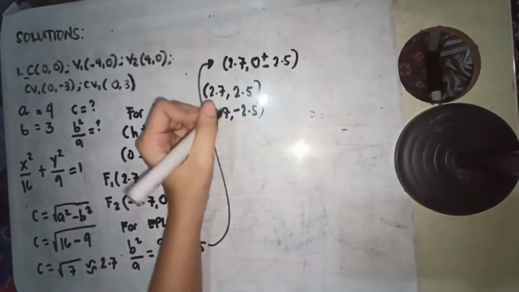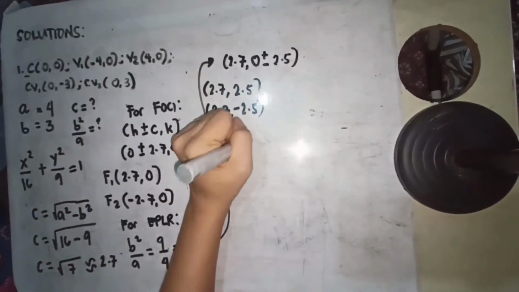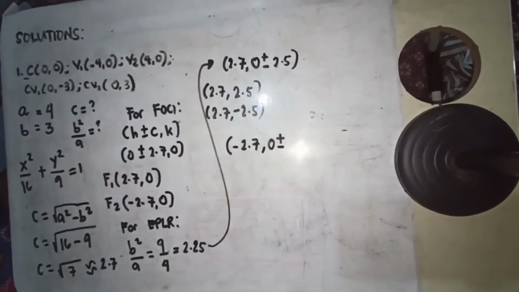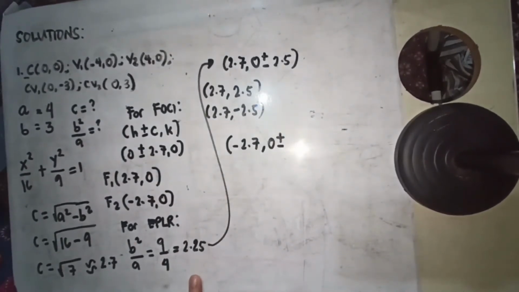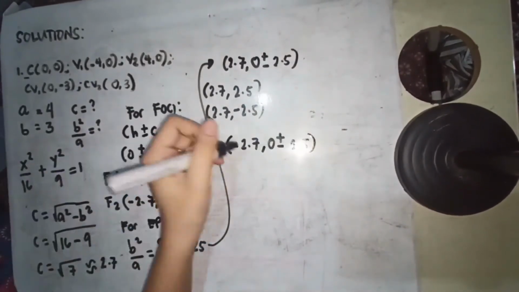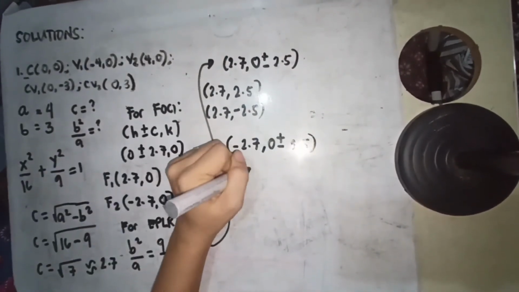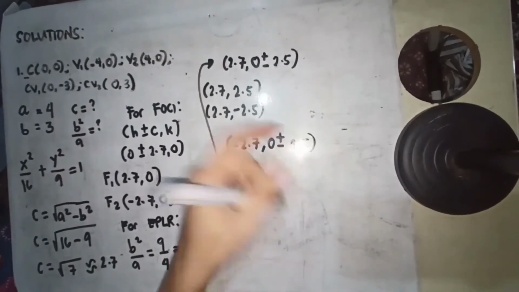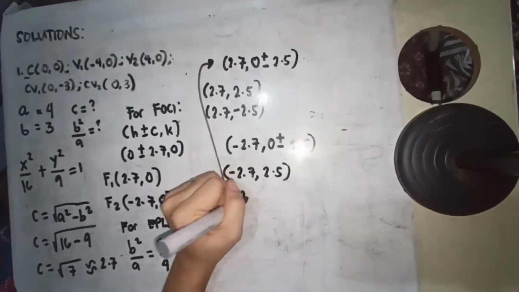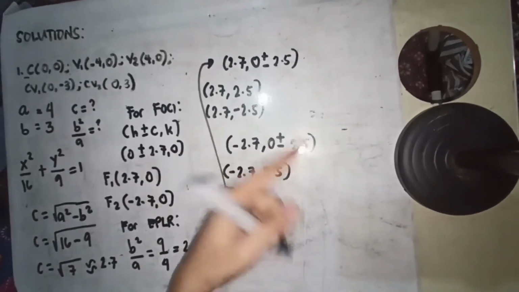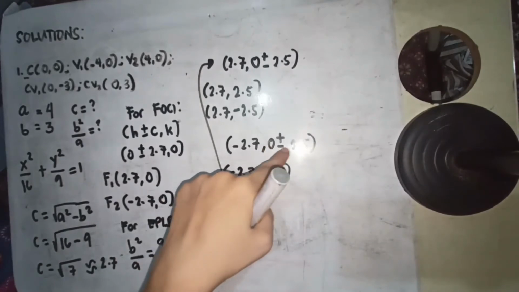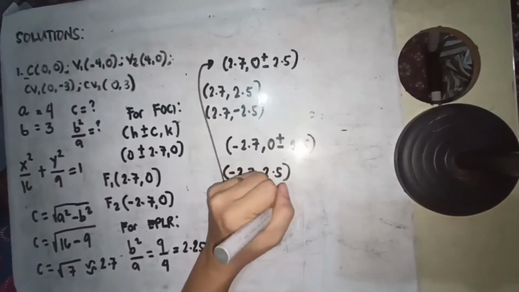For the left side, we have the focus at negative 2.7 and 0. We just plus or minus the distance of the latus rectum, which is 2.5. So we have negative 2.7 and 0 plus 2.5, that is 2.5, and also negative 2.7 and 0 minus 2.5, that is negative 2.5.